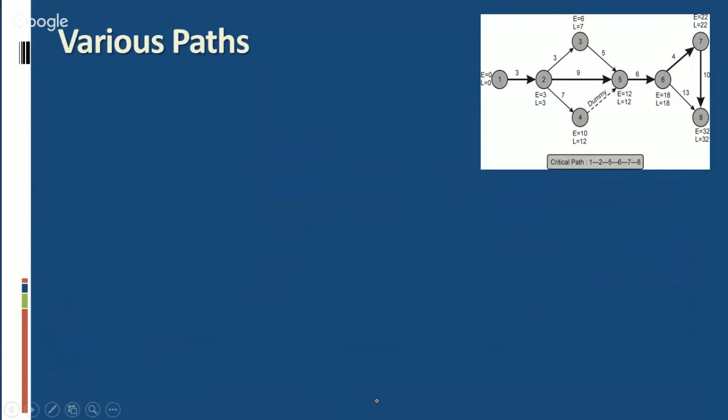Next step. Various paths in this network are 1, 2, 5, 6, 7, 8 with duration of 3 plus 9 plus 6 plus 4 plus 10 equal to 32 days. This is our critical path.